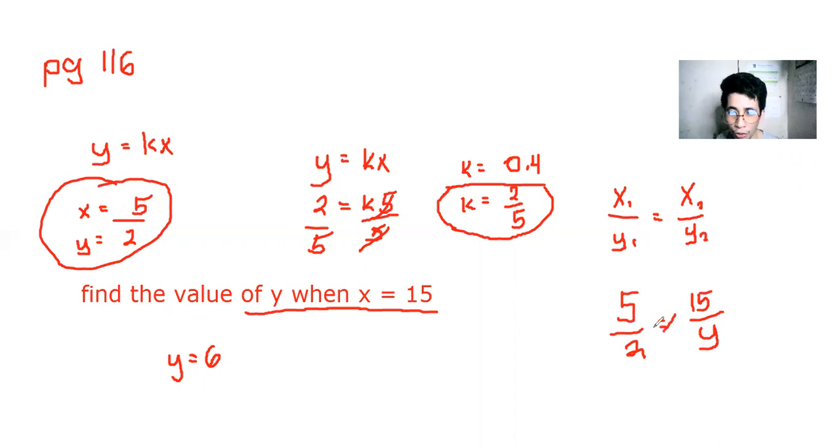Cross multiplication. 5 times y is 5y, equals 2 times 15, which is 30.